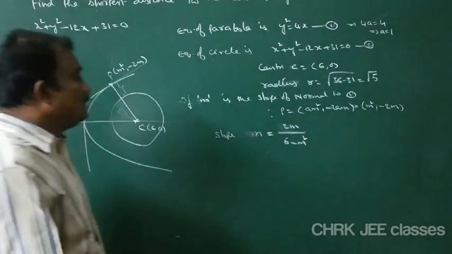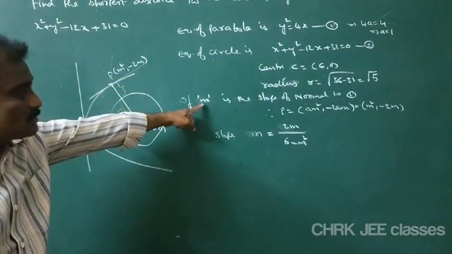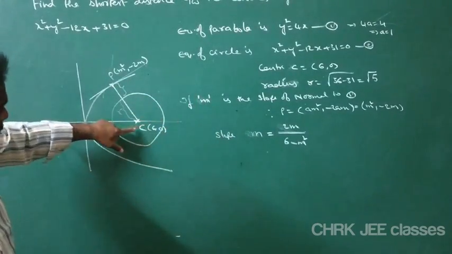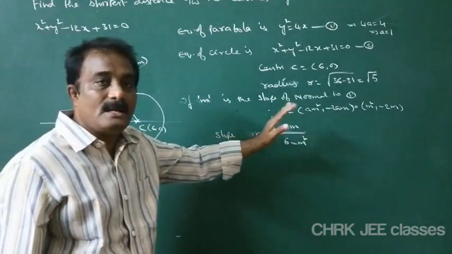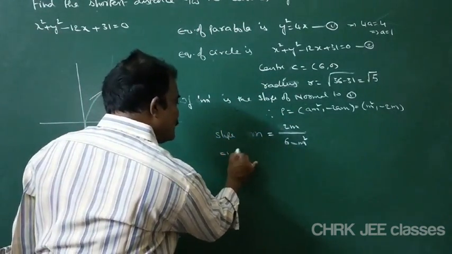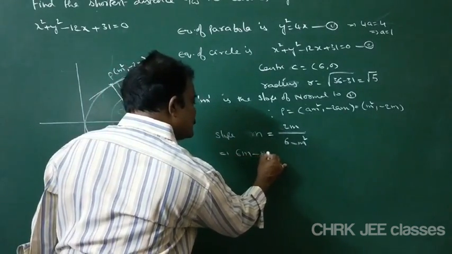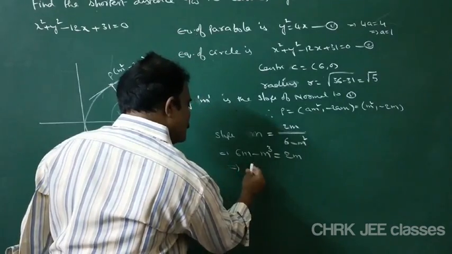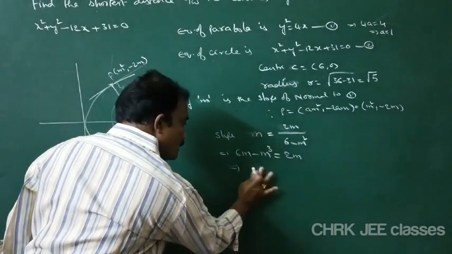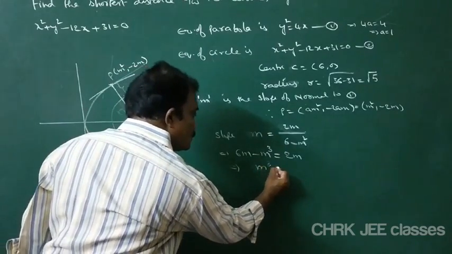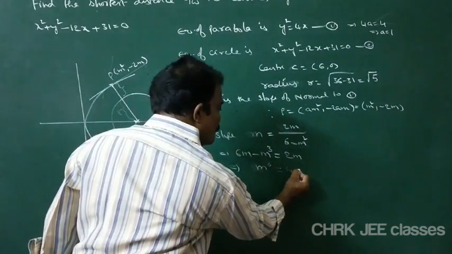You catch my point? Here m is the slope of the normal. We can take that one as m. But according to these 2 points, this is the slope. That's why I can equate these 2 slopes. By cross multiplication, we are getting 6m minus m cube equals 2m. From this, m cube equals 4m.